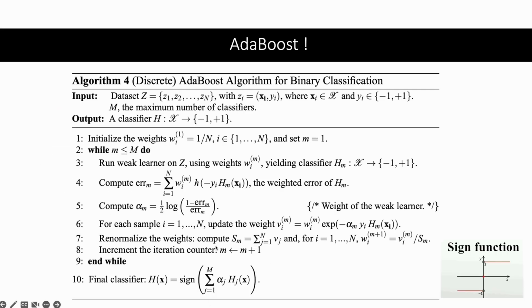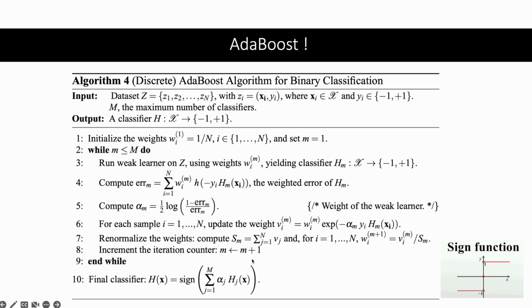And what I'm doing after that, this sum is very easy to understand, right? Alpha j, h j of x: individual model into their weight, and I'm summing them up. Then I apply sign. The sign is a function which bumps any value greater than 0 to +1, right? So if the output of this sum is positive, greater than 0, then predict +1.